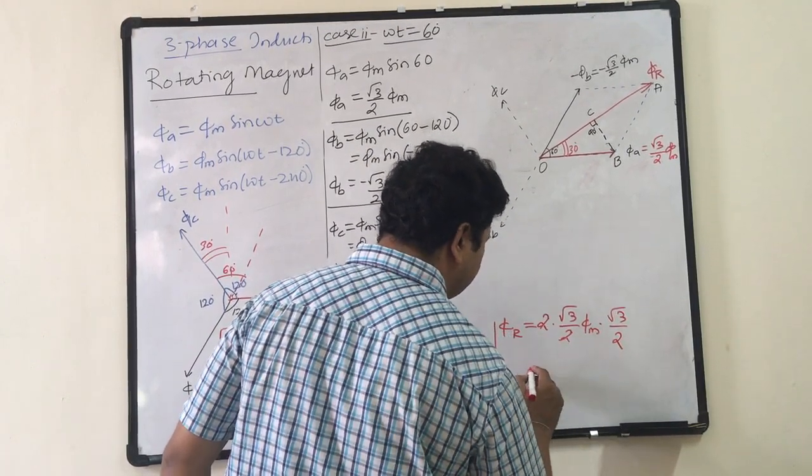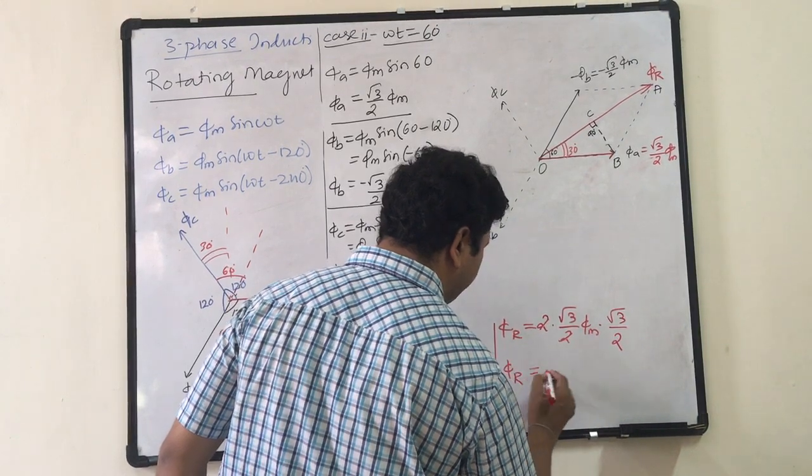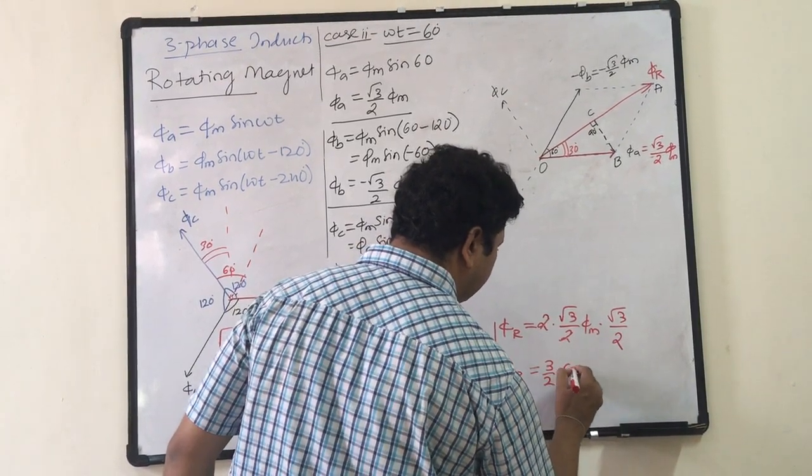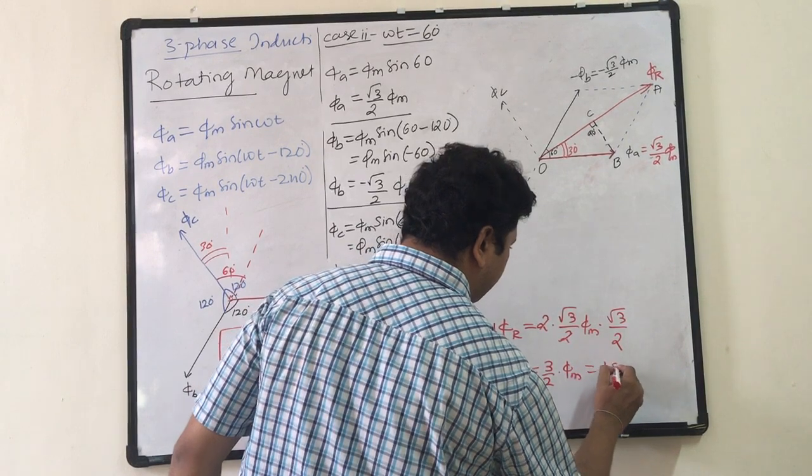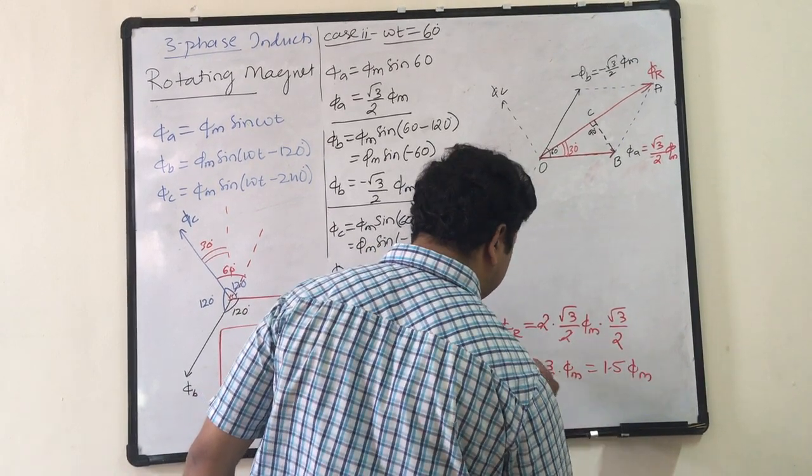So 2 will get cancelled. I will get phi r is equal to 3 by 2 phi m, or 1.5 times phi m.